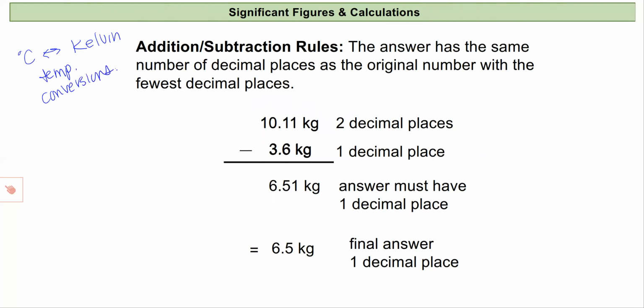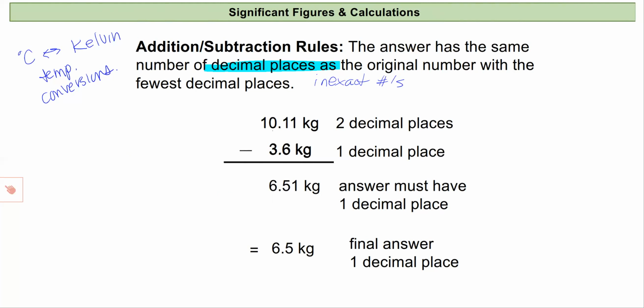Otherwise, most of our conversions will use multiplication and division, and will report the least significant figures. For addition and subtraction calculations, we report the answer to the least number of decimal places of our original measured values. Again, this is going to be the decimal places of our inexact numbers.